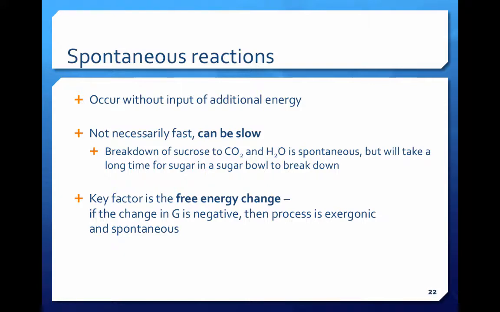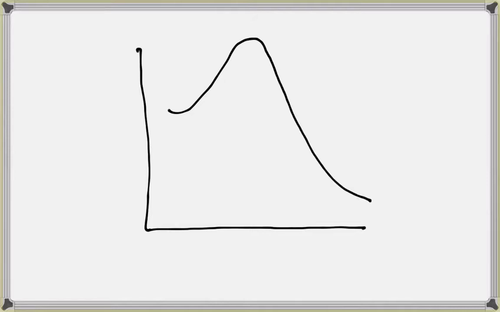Now, when we're talking about energy, right, an energy diagram looks something like this. And this is what a spontaneous reaction is going to look like. So this is time here, going here. So over time, and this is the amount of energy.